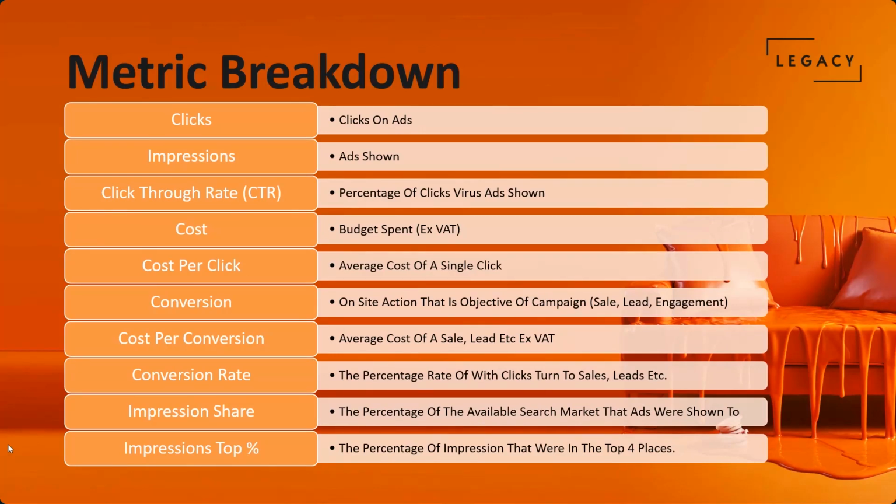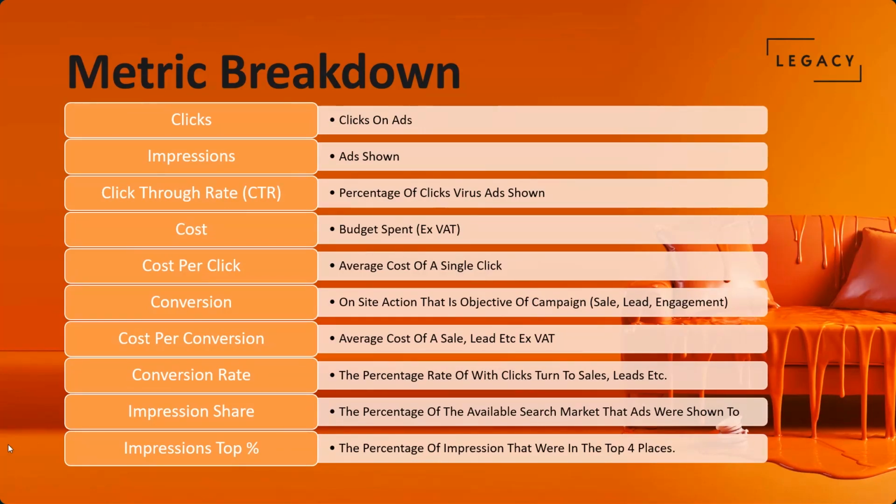And then conversion rate is the percentage rate of clicks that turn into sales or leads. So it's sales and leads, conversions over clicks. Impression share is the percentage of the available search market that you're showing ads to. So it's your slice of pie, so to speak.